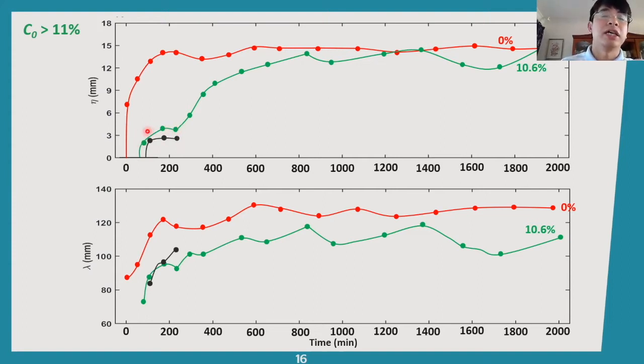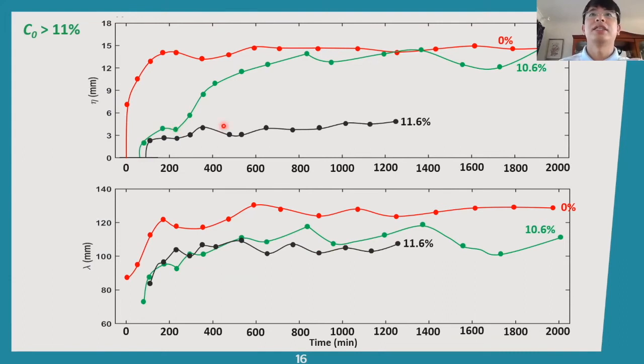As you can see, they were stuck at 4 millimeters. However, unlike those ripples, the ripple height was stuck at around 4 millimeters until the end of the experiment, just weakly increasing to just above 5 millimeters.